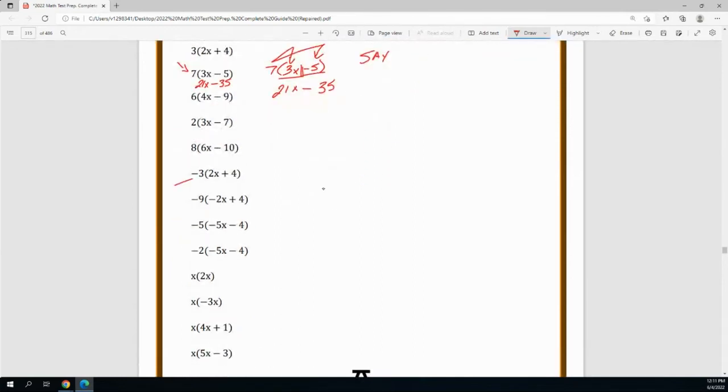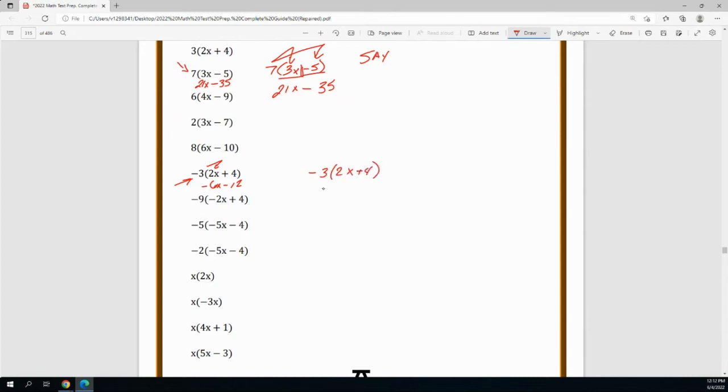Let's continue to go. Oh, look at this guy. This is negative 3. So as you distribute, remember that. Negative 3 times 2x, negative 6x. Now, it applies here. Negative 3 times positive 4, negative 12. Now, could you have written that differently? Sure you can.